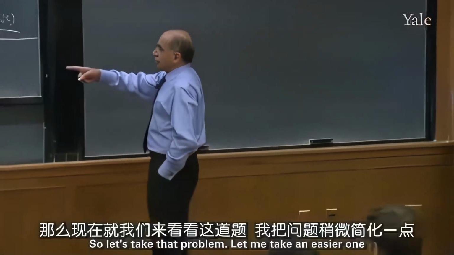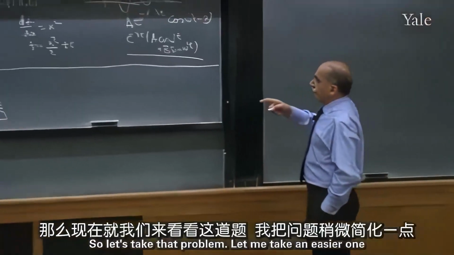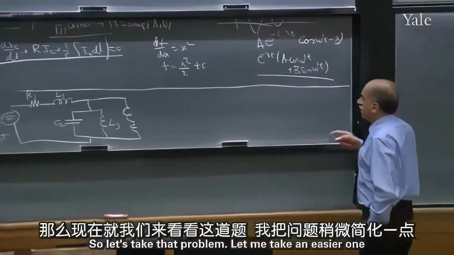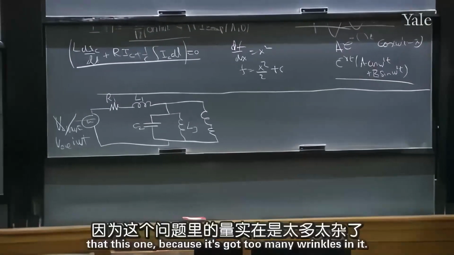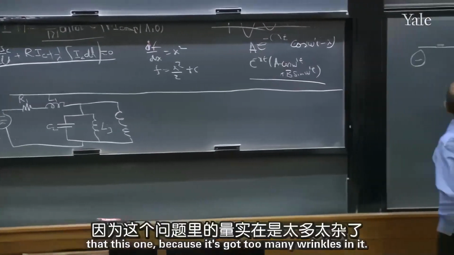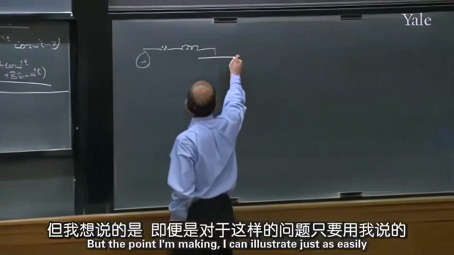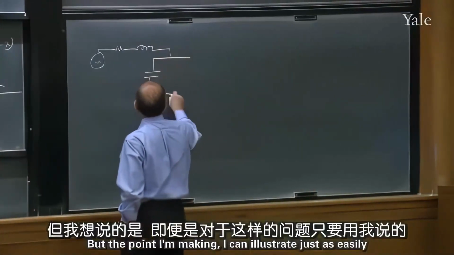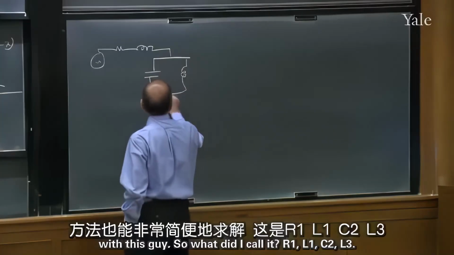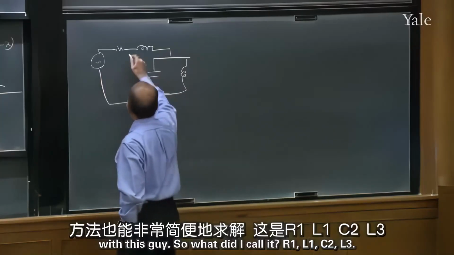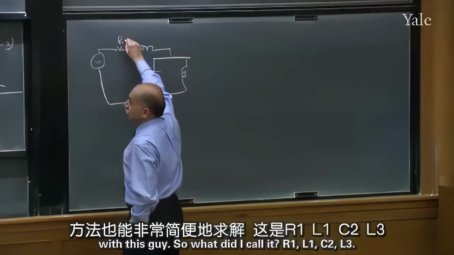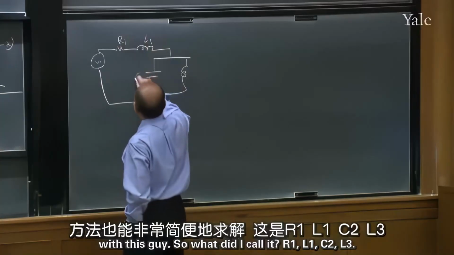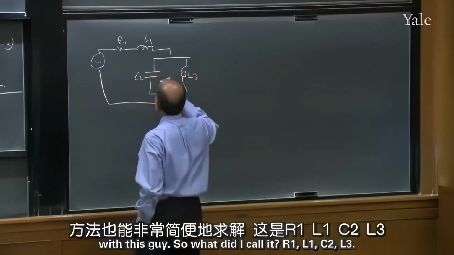So let's take that problem. And let me take an easier one than this one because it's got too many wrinkles in it. But the point I'm making, I can illustrate just as easily with this guy. So what did I call it? R1, L1, C2, L3.